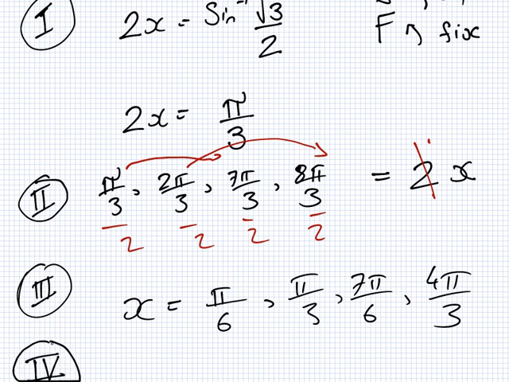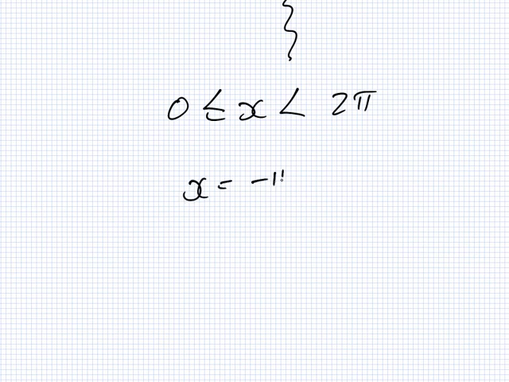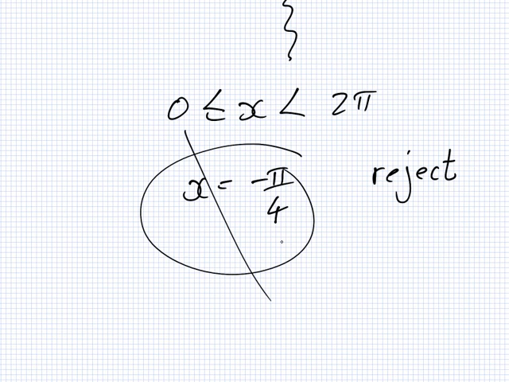What do I mean by fix? Let me give you an example on the side. Let's imagine I said x is between 0 and 2 pi, and my answer is x equals minus pi over 4. You might say, okay, well that means I must reject it because it's not between 0 and 2 pi.